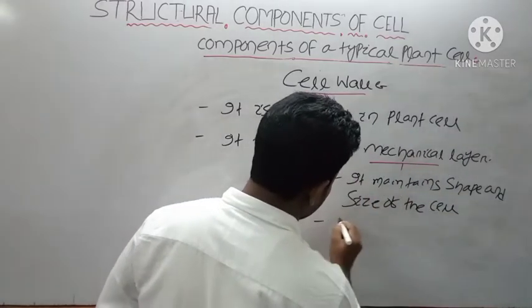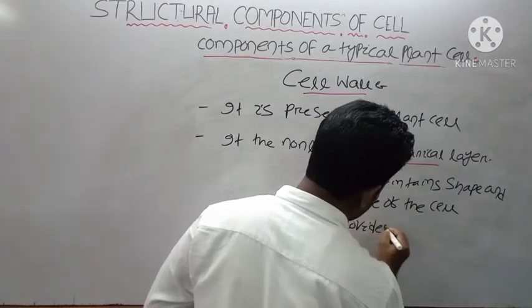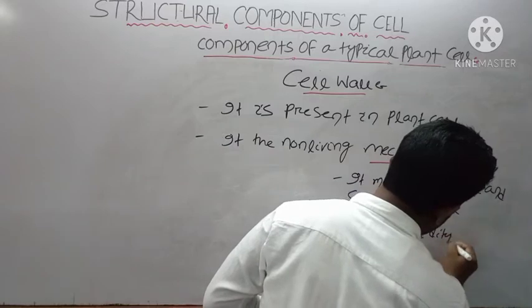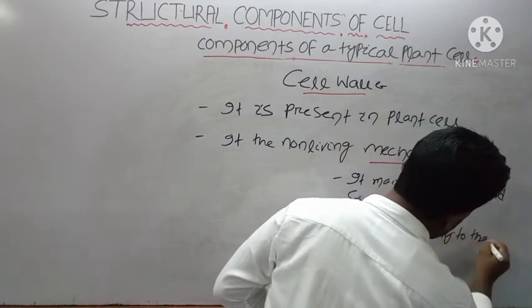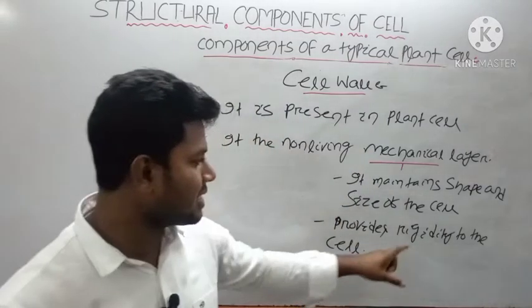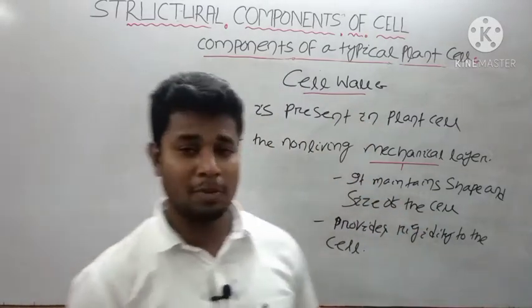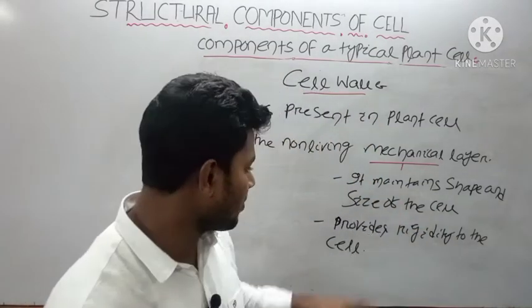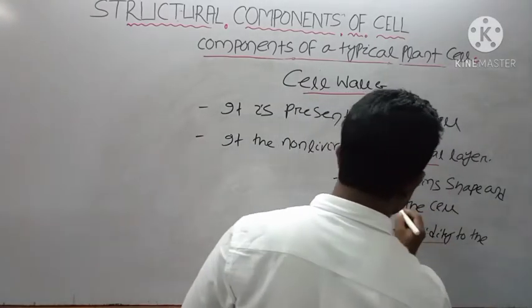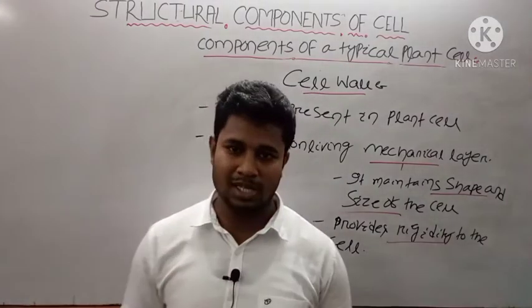Secondly, it provides rigidity to the cell. These are the two basic points, that's why we call the cell wall a mechanical layer.